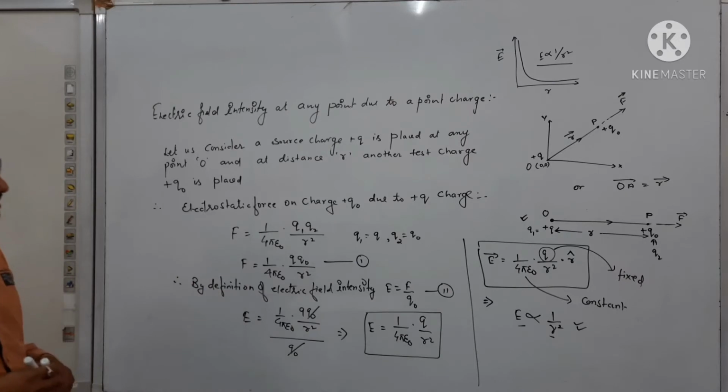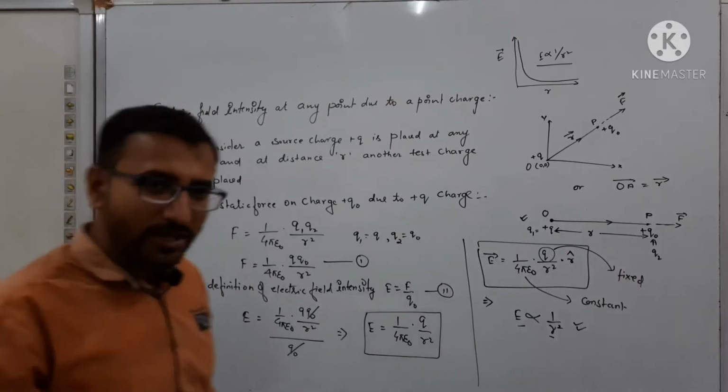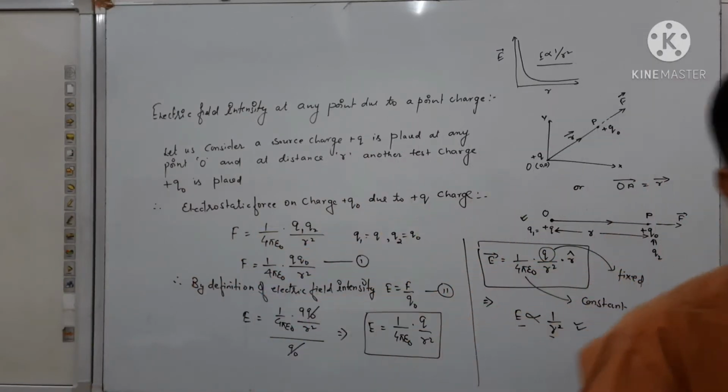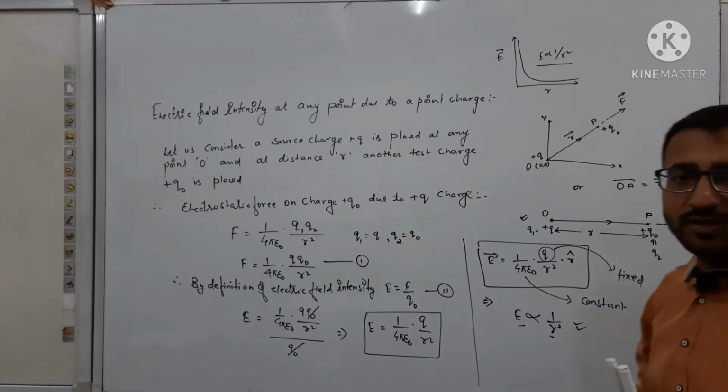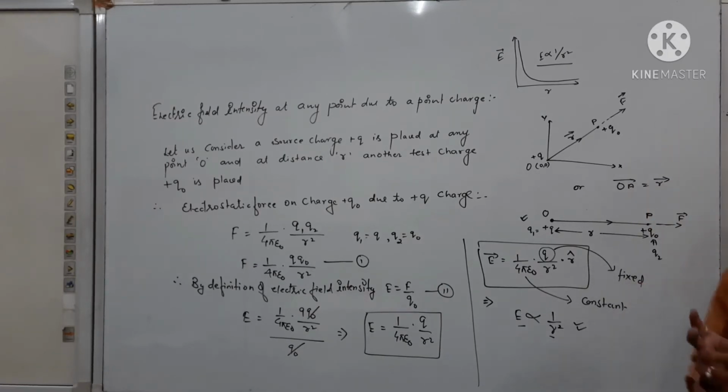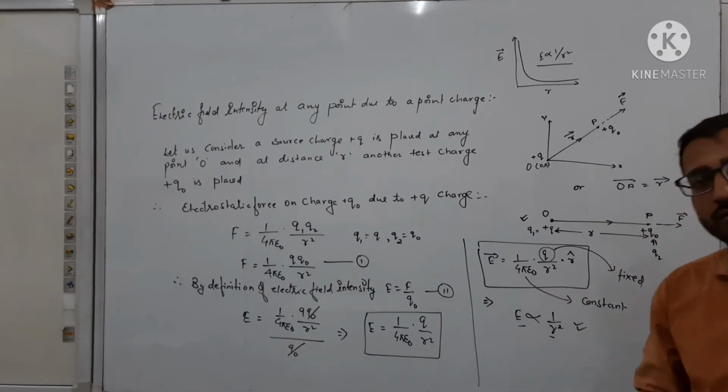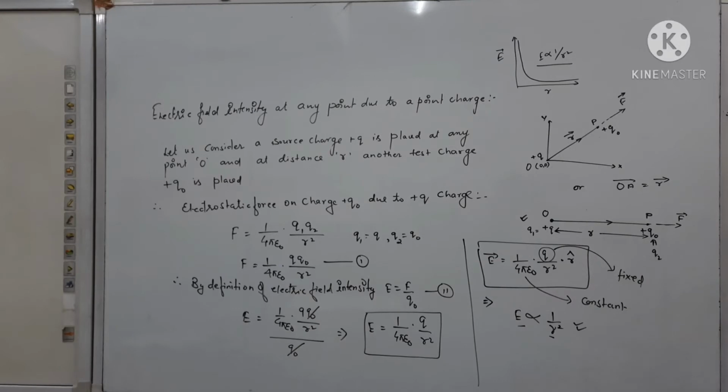So this one is the derivation in which we have seen how to calculate the electric field intensity at any point due to a point charge. After that we will discuss the electric field intensity due to a system of charges. For that, pause the video and note down.